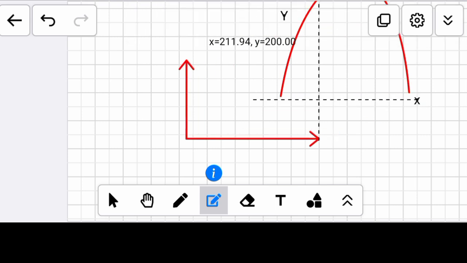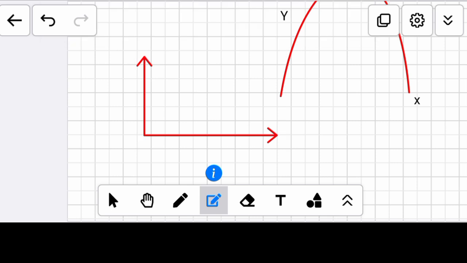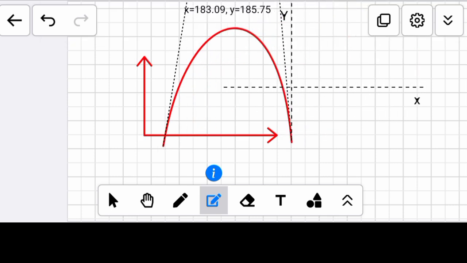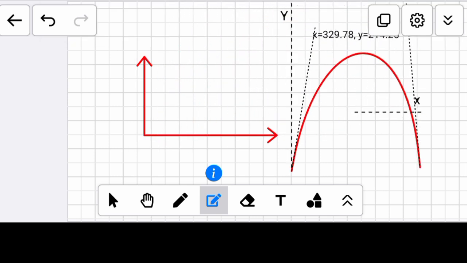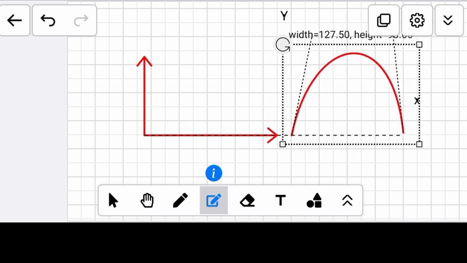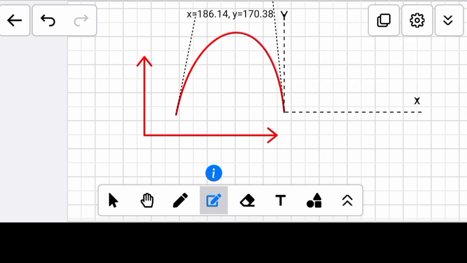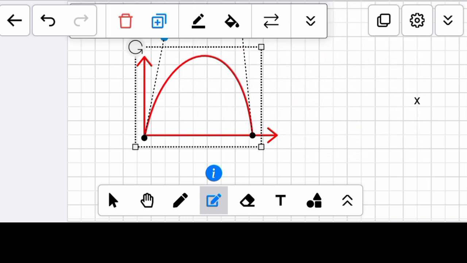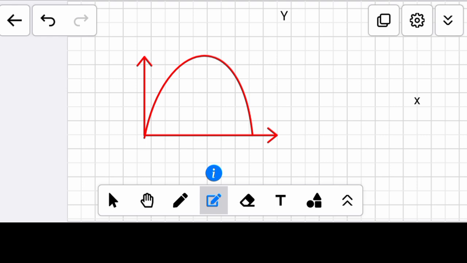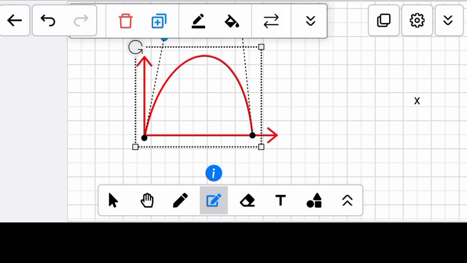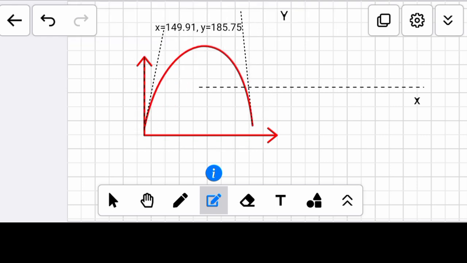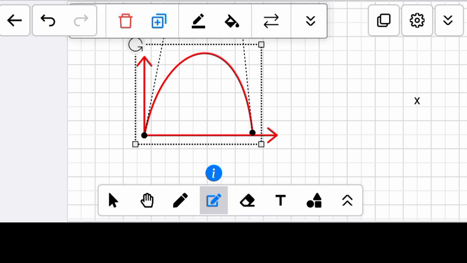I'll try to adjust this so that we can have a clearer view. Let me reduce the size of this, and bring it down here. Good. So this is the motion of a projectile, and this is how it's going to look.